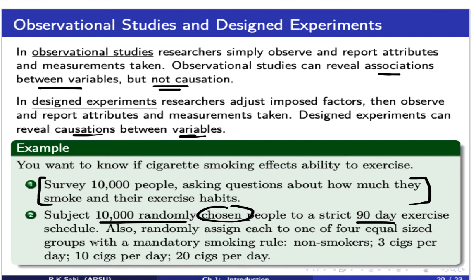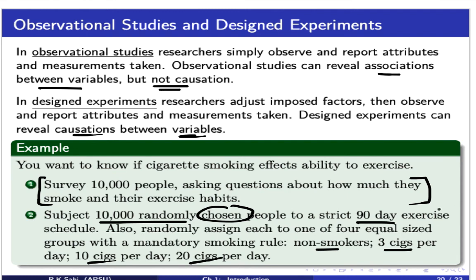Okay, and they said, one of the groups had a mandatory smoking rule. One of the 4 groups were non-smokers. They said, you're not going to smoke. One group was allowed 3 cigarettes per day. The other was allowed 10 cigarettes per day. And the last group was allowed 20 cigarettes per day.